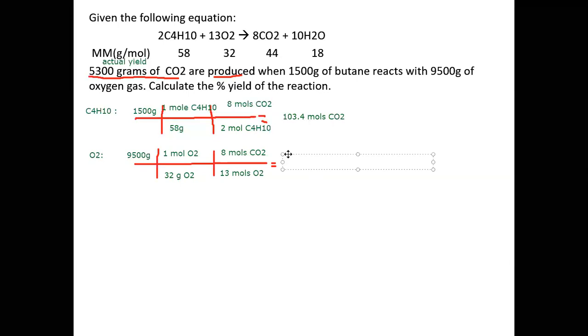And we get about 182.7 moles. So here in this example, butane is the limiting reactant because it produces a fewer moles of CO2. So then we're going to take the moles of CO2 produced by the limiting reactant and convert it to mass.